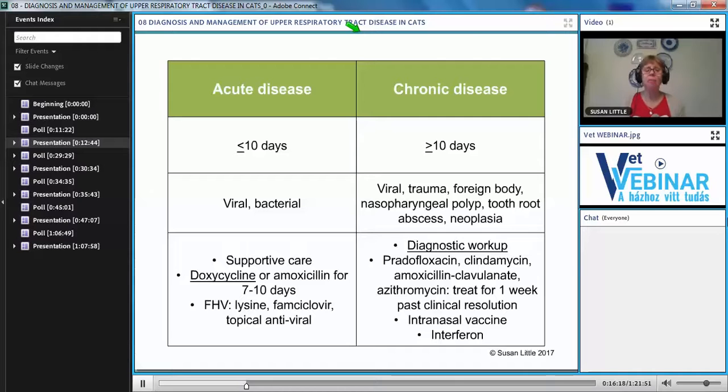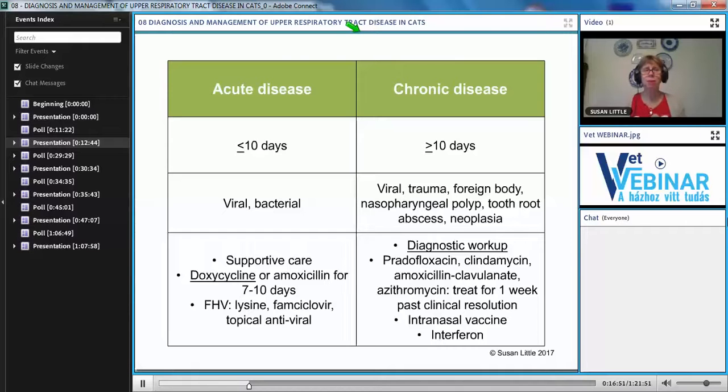In the meantime, we would now reach for a different antibiotic choice, and this is where the fluoroquinolones like pradofloxacin would come in, clindamycin because it penetrates bone very well, maybe azithromycin. I'm not a huge fan of azithromycin, and one of the reasons is that it's a drug that's used commonly in human medicine, and we have to be very careful that we don't overuse or pick a drug that's relied on a lot in human medicine.